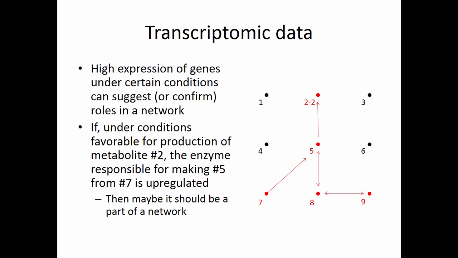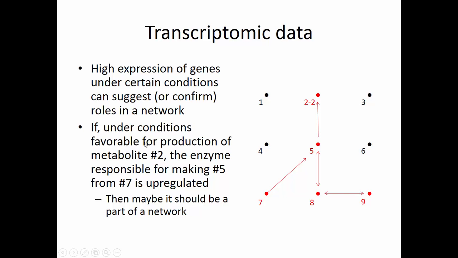In the end, transcriptomic data, high expression of genes under certain conditions, can suggest or confirm roles in the network. So if we look at transcriptomic data when we feed the cells product 9 here, or substrate 9 I should say, we see that there's a gene that's highly expressed that takes metabolite 7 to metabolite 5.